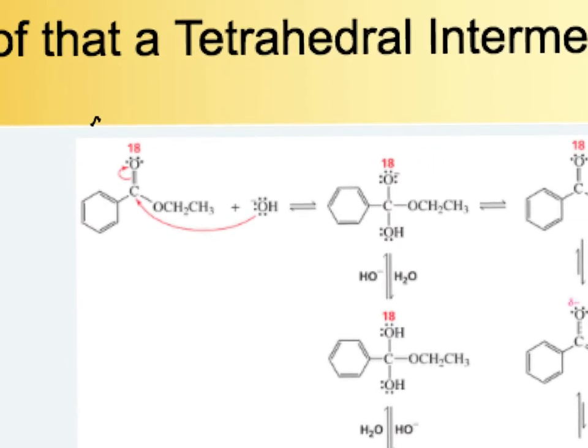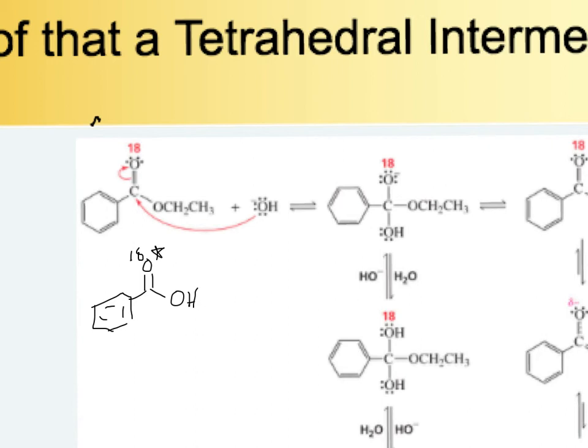If you did an SN2, essentially what that would mean is that this O18 would always be in the products within a hydroxyl, right? If you did an SN2, you would always have the O18, what I'm starring here, in the products. But what they found out was that it wasn't, right?